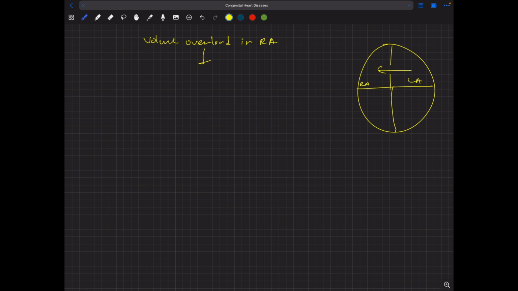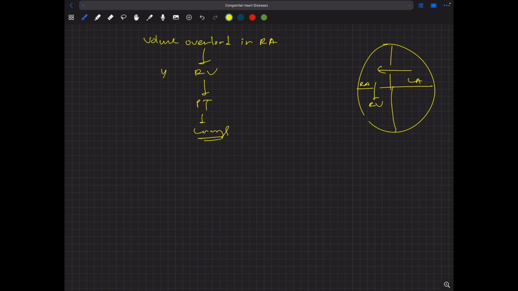Once there is volume overload in the right atrium, where will this blood go? This blood will go to the right ventricle, and from the right ventricle, if there is volume overload, this blood will go to the pulmonary trunk. From the pulmonary trunk, this blood will go to the lungs.